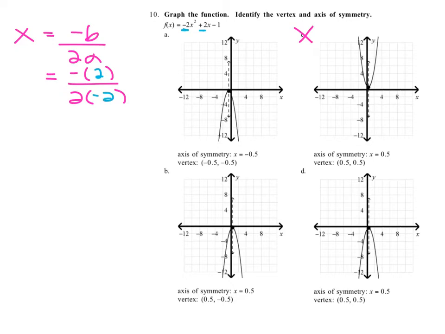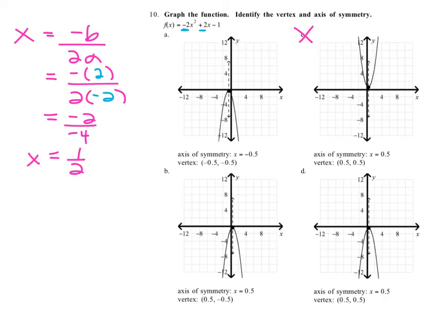So what do we get as a result? We get negative 2 over negative 4, which simplifies down to 1 over 2. So that's x equals 1/2, and x equals 1/2 is the axis of symmetry.